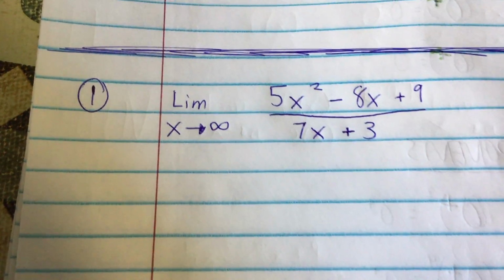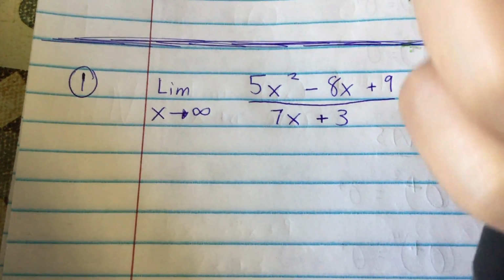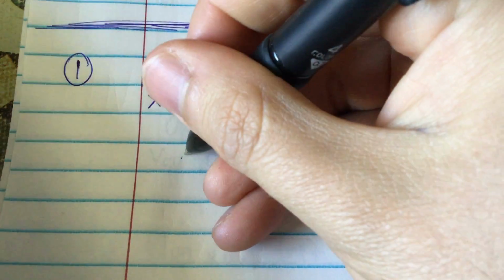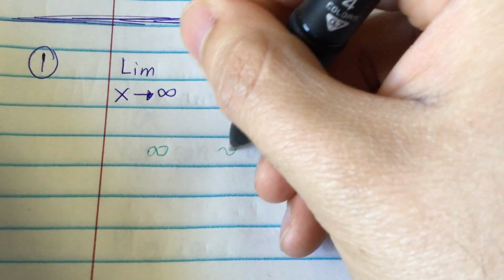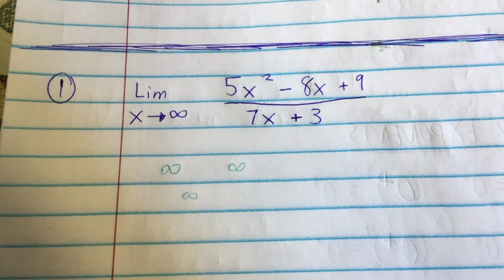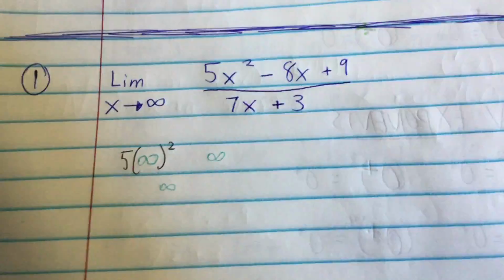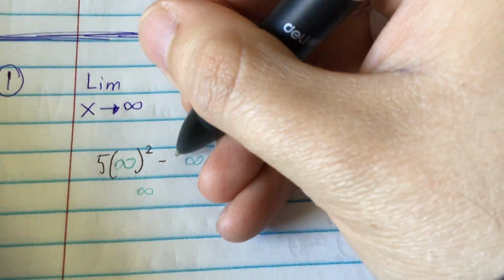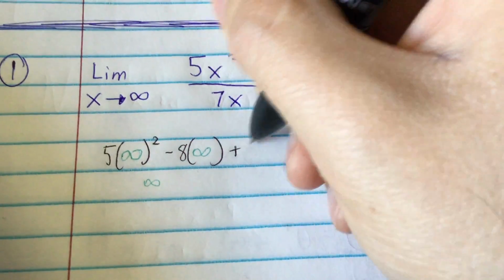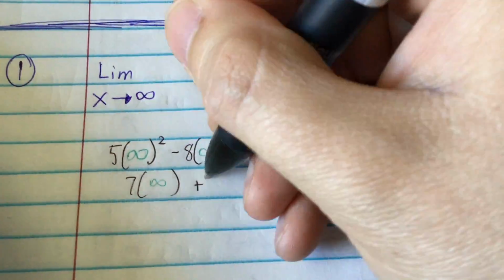So I'm showing you guys that if I get my thought bubble out and I plug in infinity, I go 5 times infinity squared minus 8 times infinity plus 9 over 7 times infinity plus 3.